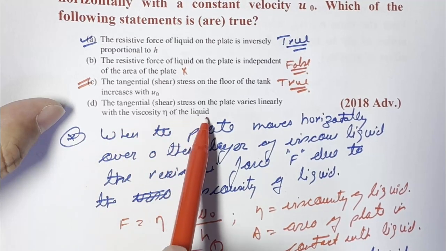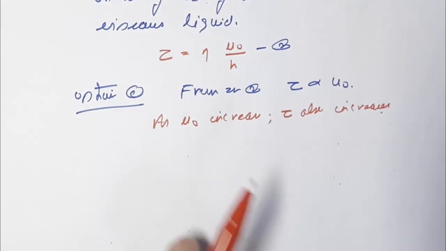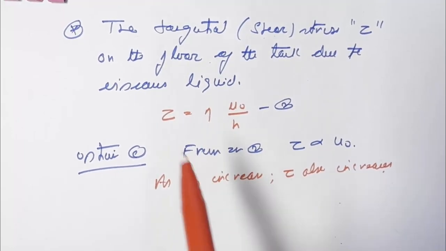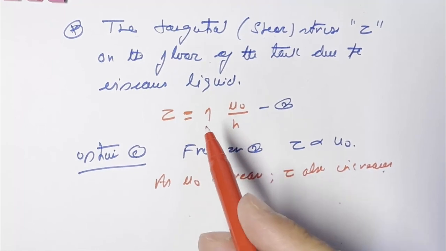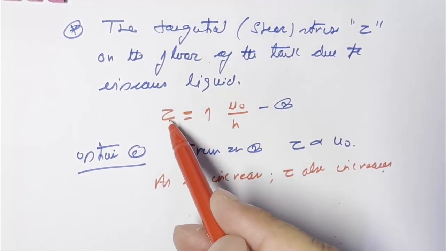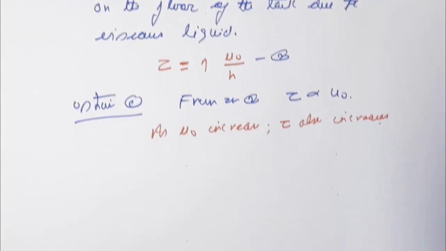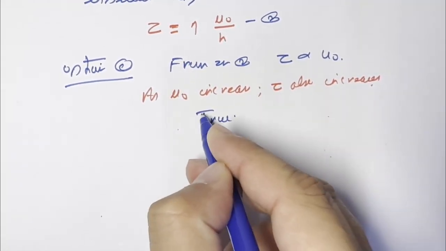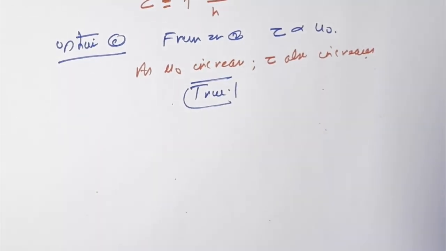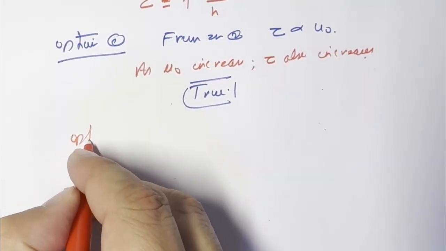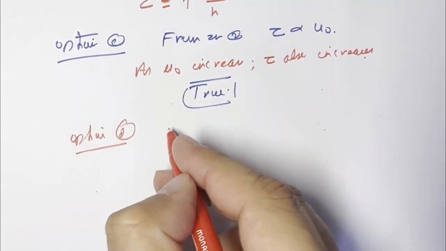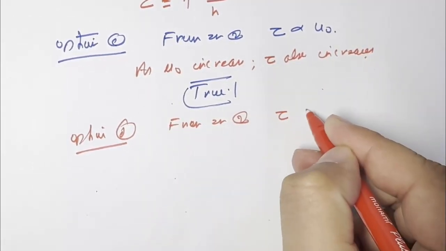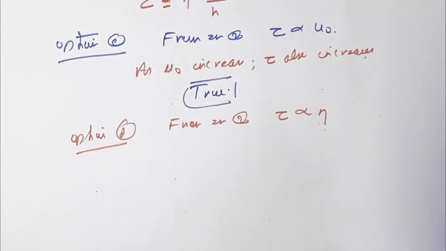The last option, D, states that the tangential or shear stress on the plate varies linearly with the viscosity nu of the liquid. From equation 2, tau is directly proportional to nu.